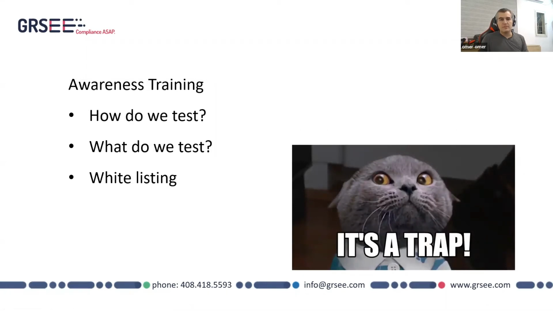Awareness training, right. So awareness training is where we test employees' awareness. And to test employee awareness, you need two main things. First of all, you need them to interact with a suspicious character. Second of all, you need signs in that interaction that should be identified by them, since this is what you are evaluating, right?